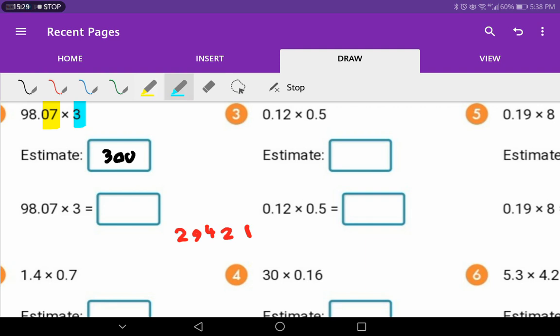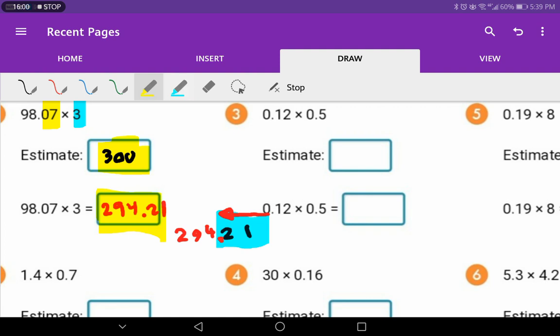So 2 digits must be left after the decimal point in this number. So my dear student, you have to count 2 digits from this side. Don't count from this side. If you count from this side, your answer is wrong. So the exact answer is 294 and 21 halala.